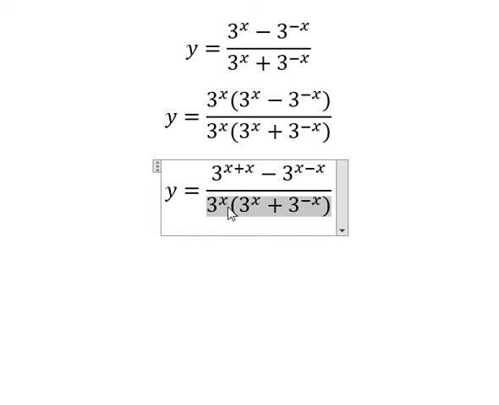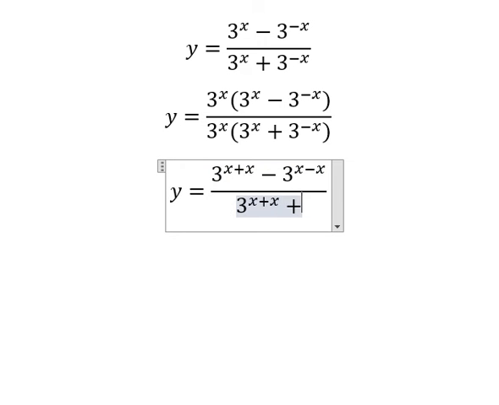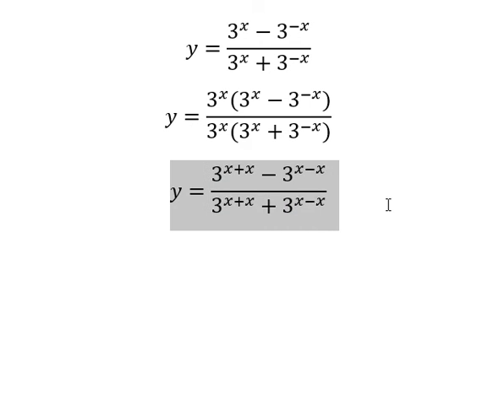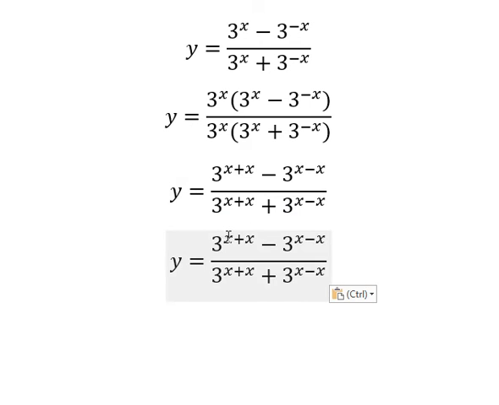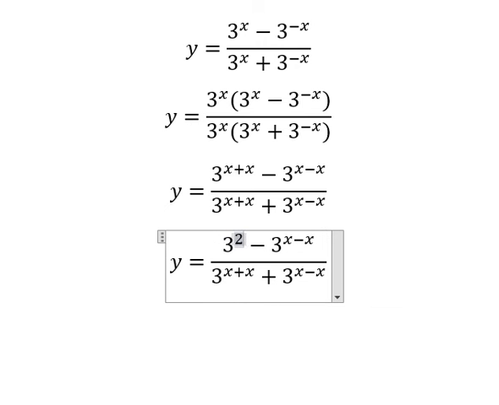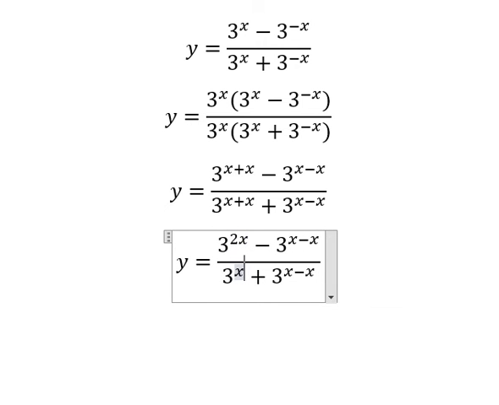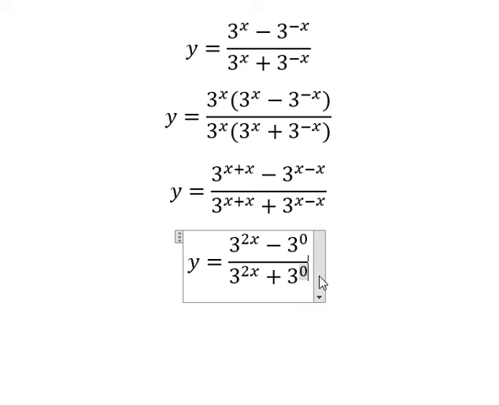Similar for this one and this one. So this one we have 2x, this one we have number 0, so we have number 1.